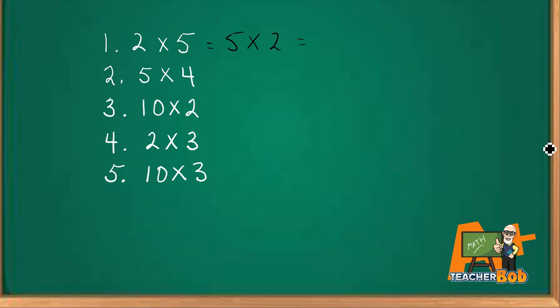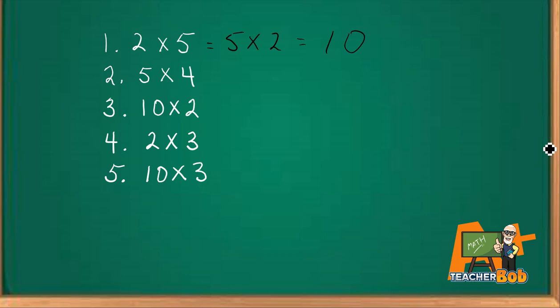You can skip count by twos or skip count by fives. If you skip count by twos, it'll be 2, 4, 6, 8, 10. That'll be our answer. If you skip count by fives and the 2 tells you how many fives you're going to count, it'll be 5, 10. Also gives you the answer of 10.